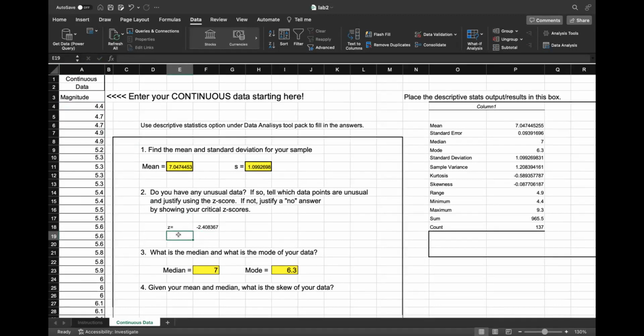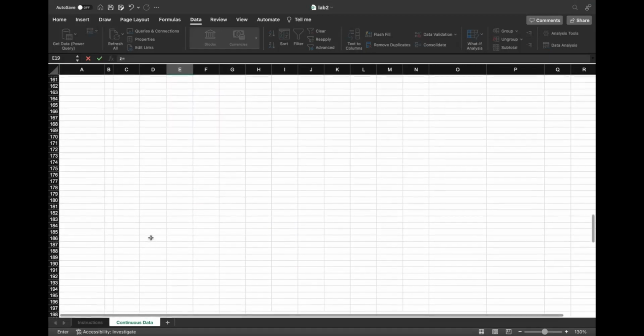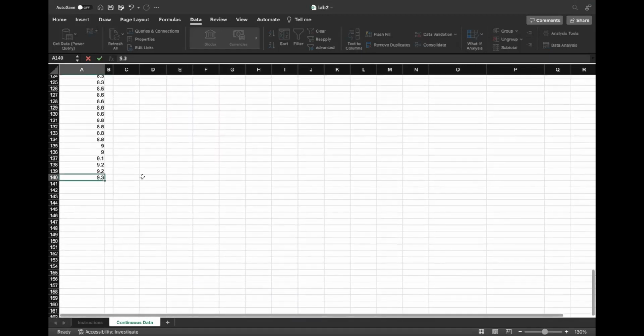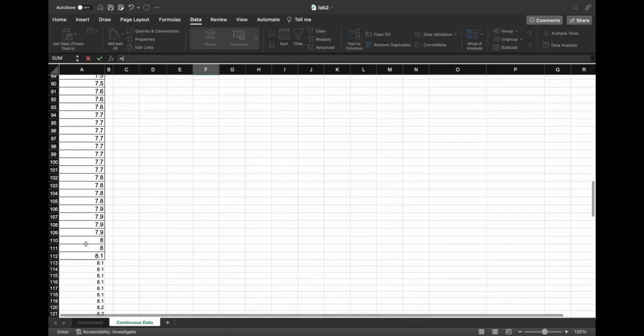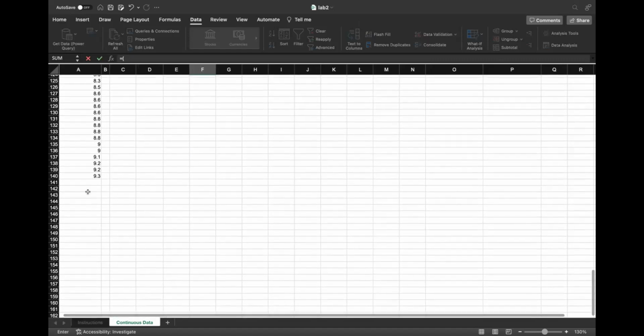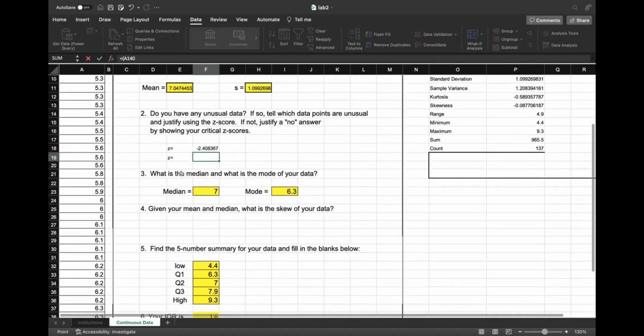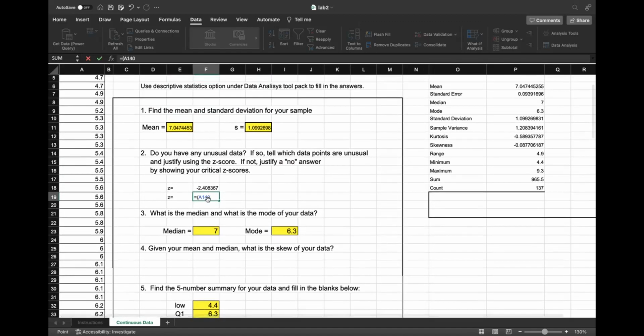Now the Z-score of my highest value, which is 9.3: equals, 9.3 minus 7 point whatever, divided by that right there. And those are both outliers. So I have upper and lower outliers.